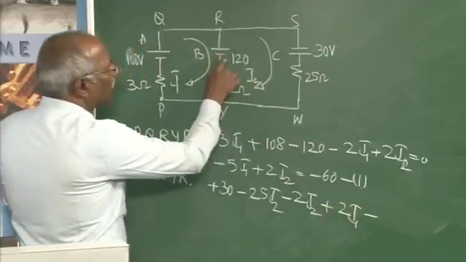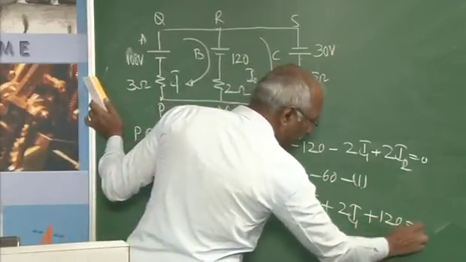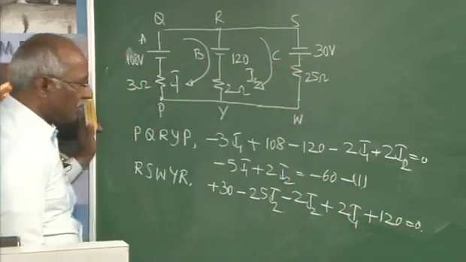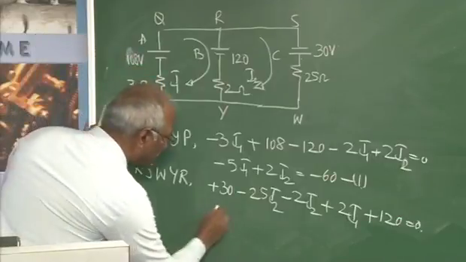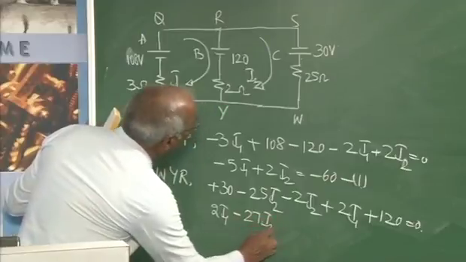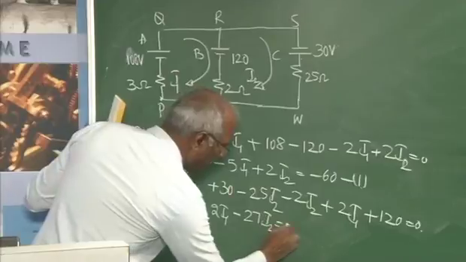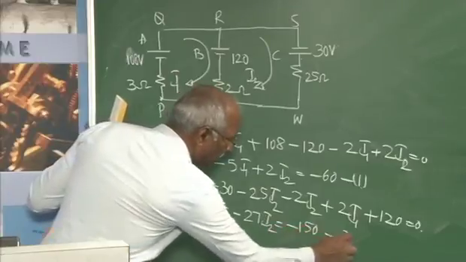Then I am going from minus to plus, therefore it has to be plus 120 equal to 0. This can be simplified as 2 I1 minus 27 I2 equal to minus 150. Call it equation 2.